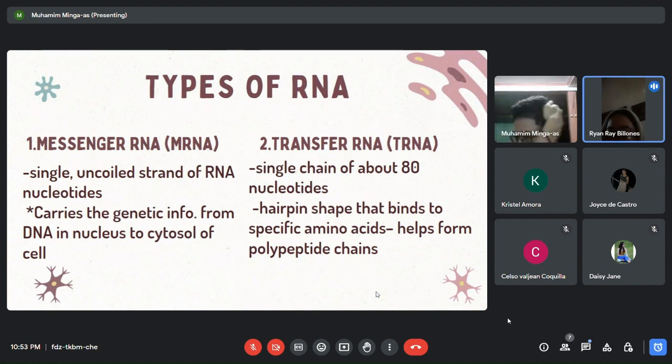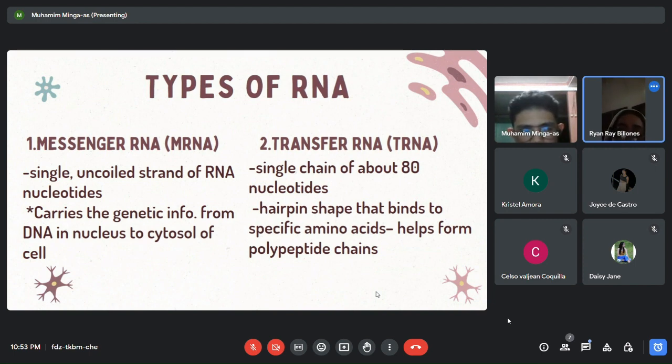The types of RNA. The first one is messenger RNA, or mRNA. A single uncut strand of RNA. mRNA instructs cells in the body to make specific proteins, and proteins play many essential roles in the body. mRNA basically uses our own body and biological processes to potentially treat diseases and prevent infection.